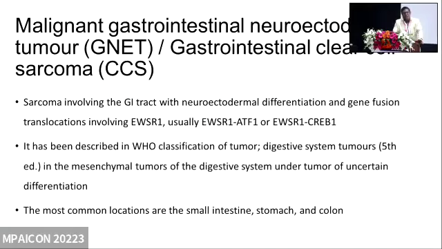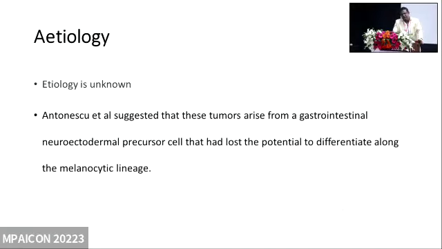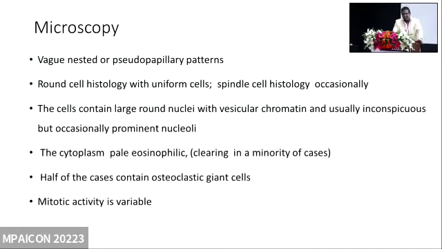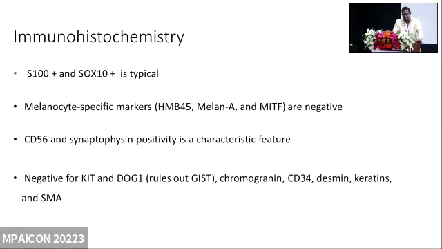It has been described in the 5th edition of WHO. Common locations are small intestine, stomach, and colon. It has been suggested that these arise from a gastrointestinal neuroectodermal precursor cell that has lost the potential to differentiate along the melanocytic lineage.